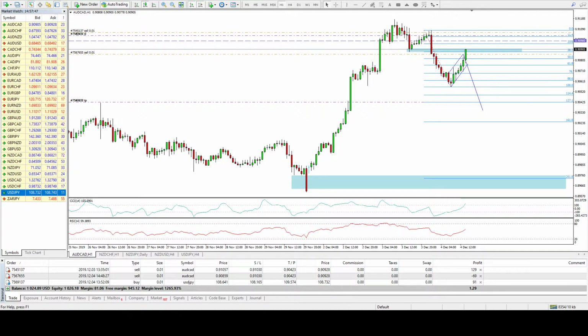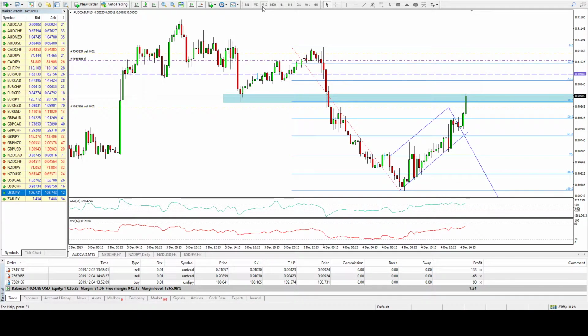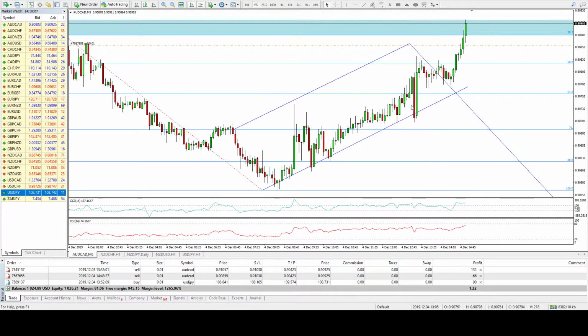Okay, looks good. It looks good. Now it needs to start losing its strength right here. That's what we want. We want sellers to get in and start selling.